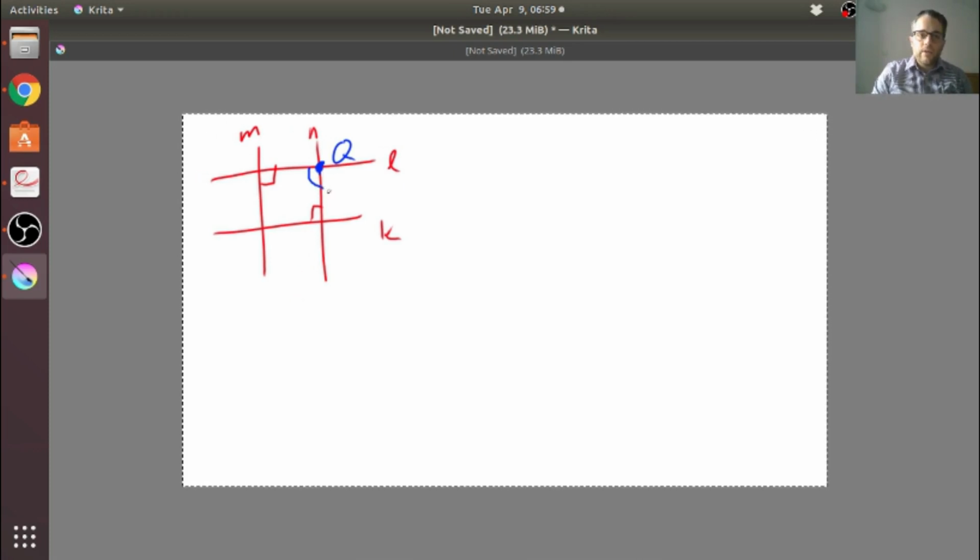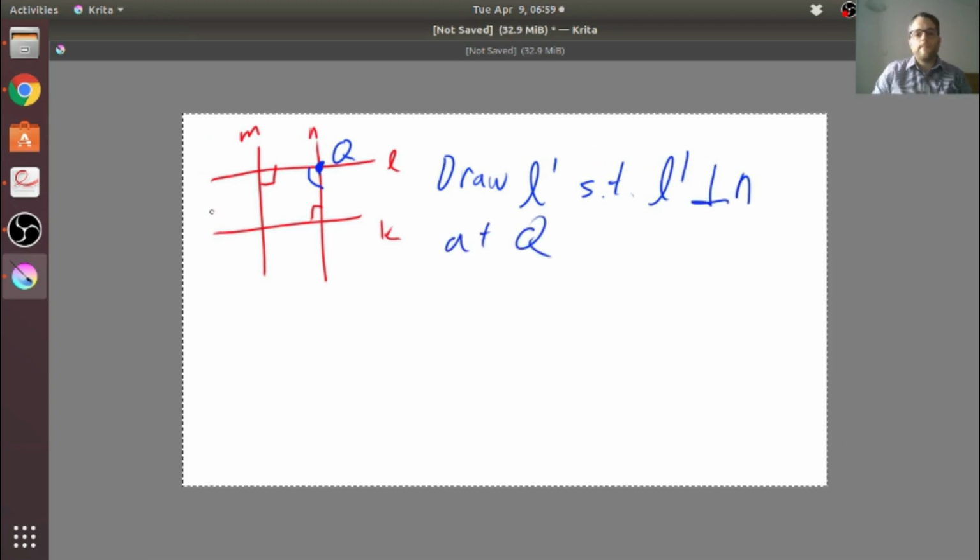Well, if that's not a right angle, I can draw a line L prime such that L prime is perpendicular to N at Q. So there's my line L prime.